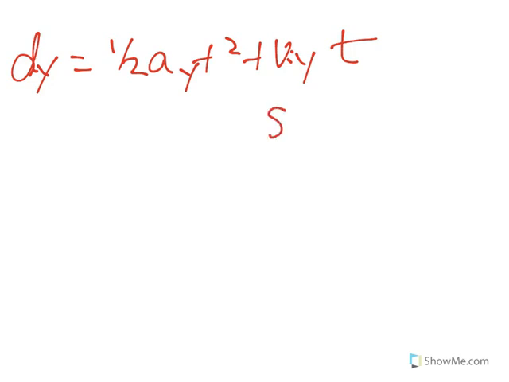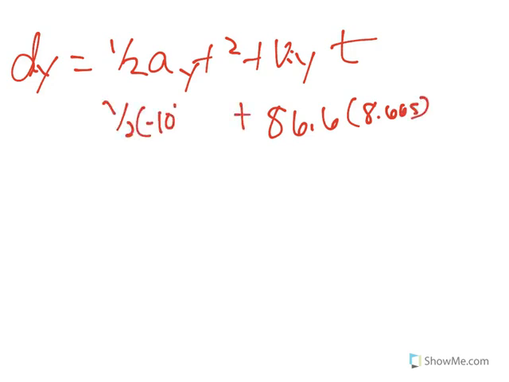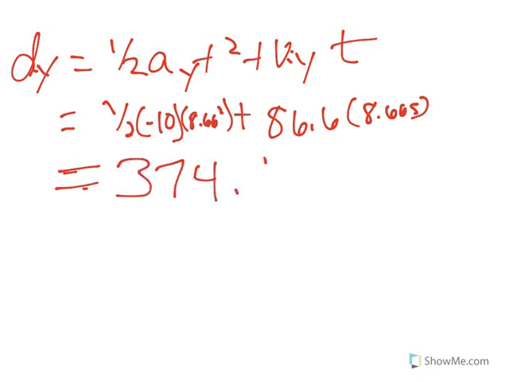It's 86.6 times 8.66 seconds, and then plus 1/2 times negative 10 times 8.66 squared. And if we do this, we should get 374.9 meters. So that gets us our distance in the y. That's our height. Yay, we solved for the height.